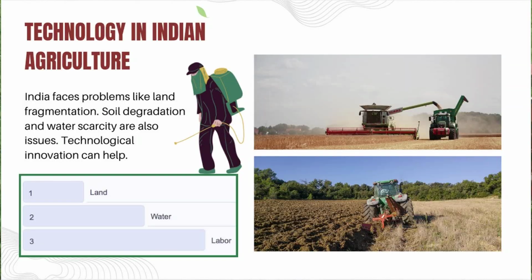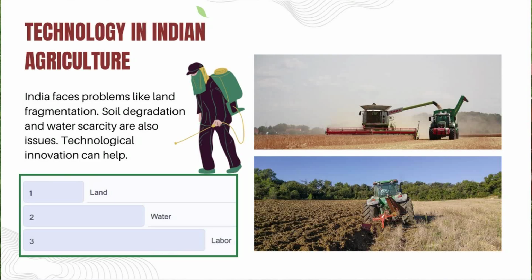Now let's have a discussion on technology in agriculture in the Indian scenario. As far as agriculture in India is concerned, we need to look into some problems of Indian agriculture. First is the problem of land, that is land fragmentation.